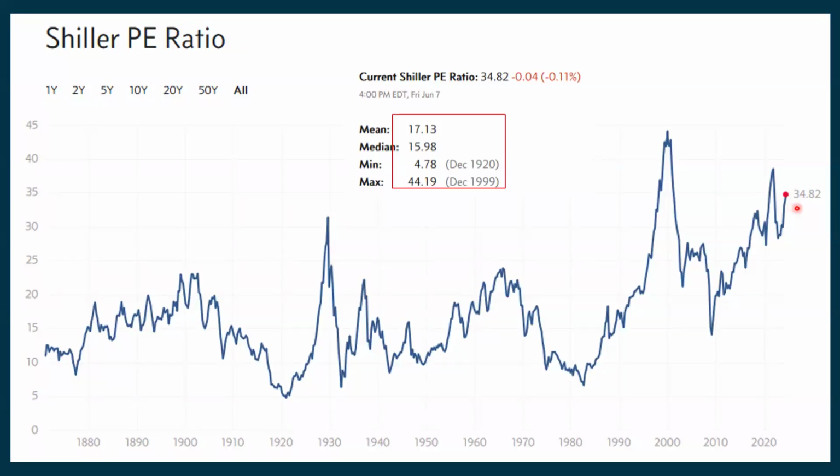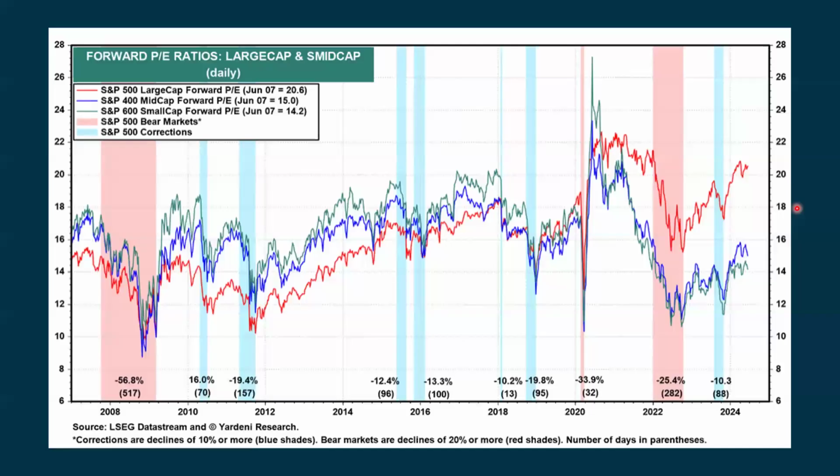Even on a historical basis, looking at it this way, the market is considered to be expensive, but we've been that way for a long time. So again, we don't use this as any kind of a timing mechanism. This is just to give us an idea of where the market stands. But the market looks forward. There's a thing called forward PE ratios.